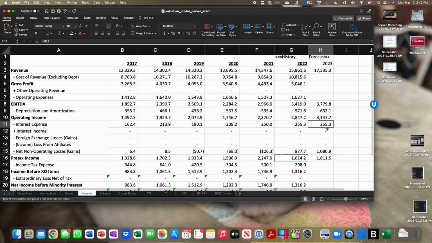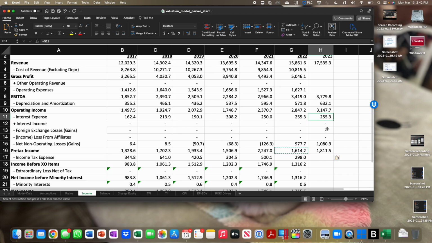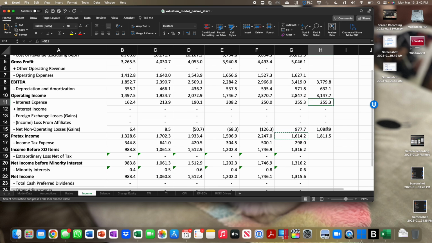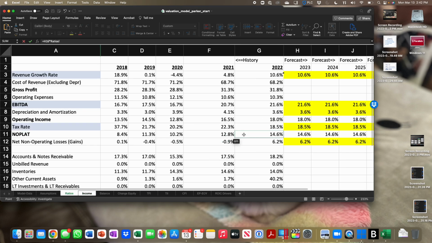Yes. Copy G16 to H16. Save yourself some time. Next, we have income tax expense. On the 1.8 billion of pre-tax income, how much do we have to pay in taxes? So, equals 1811.5, so equals H16, times, from the ratios tab, 2023 tax rate, H10.